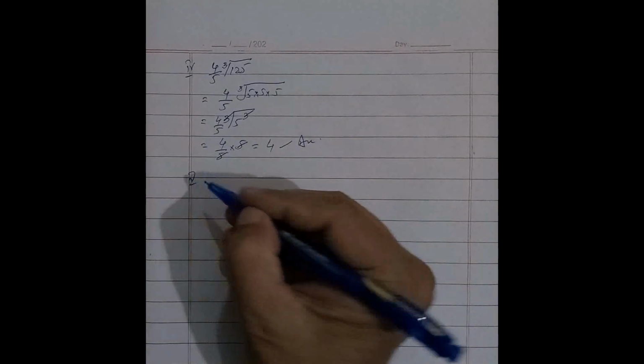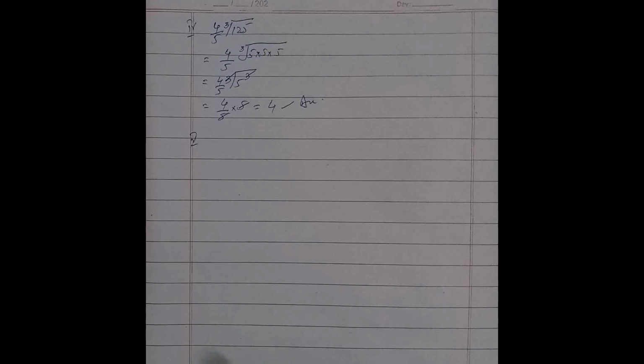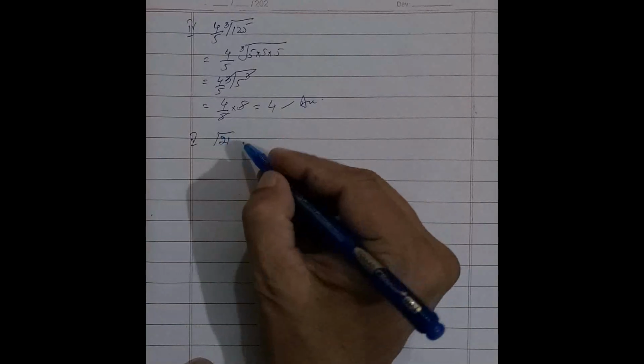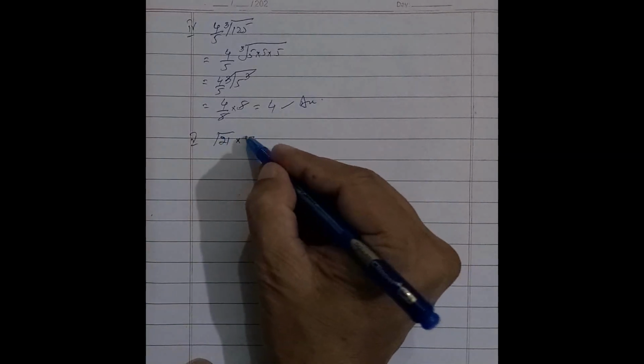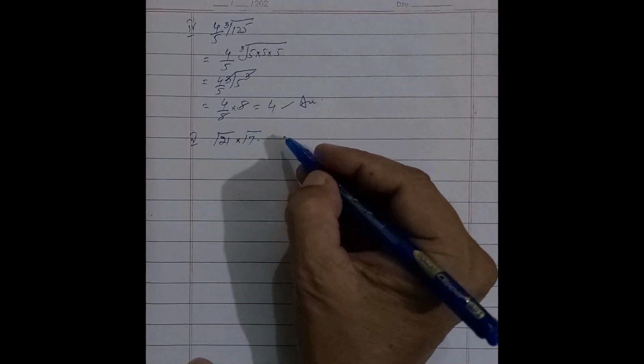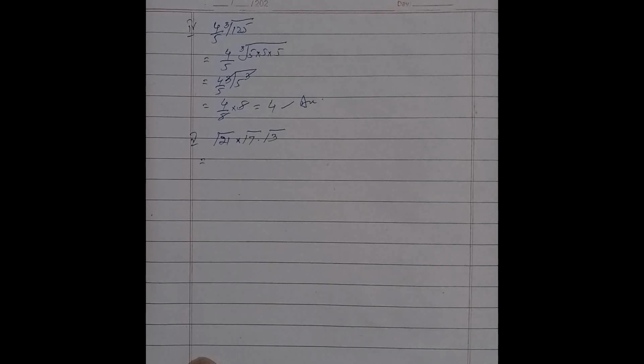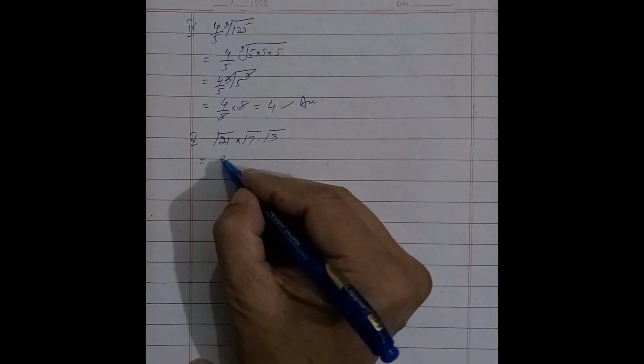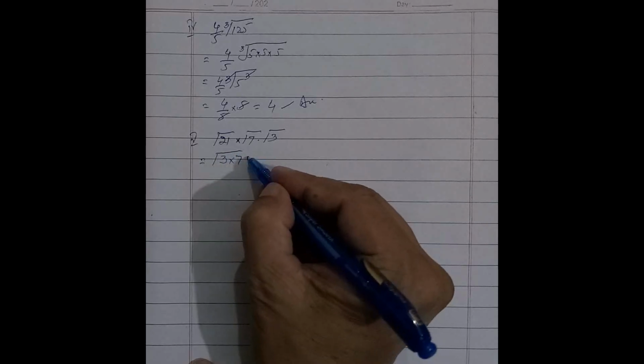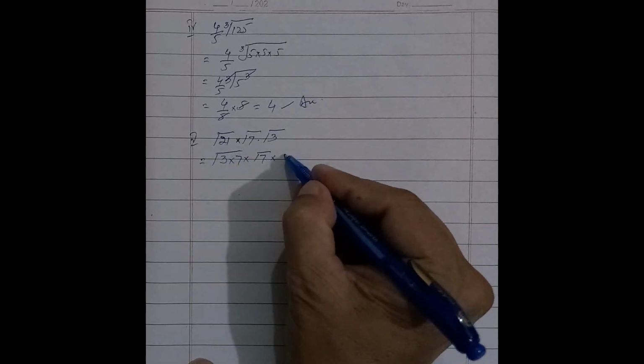Next, the fifth part of the question, in which we have square root of 21 multiplied by square root of 7 multiplied by square root of 3. First we take the prime factors of 21, which is 3 multiplied by 7, square root multiplied by square root of 7, multiplied by square root of 3. And it is the rule of exponent form.